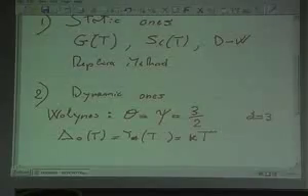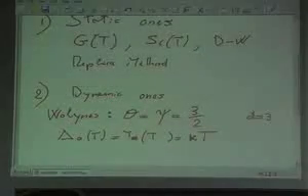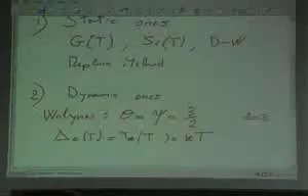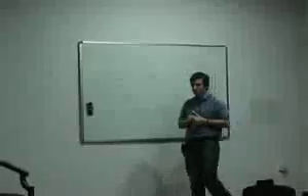Sorry? Delta 0 is the one that I described here. So for the barrier, the barrier goes like a prefactor, delta 0, times the length. And here it is the same, you get upsilon.